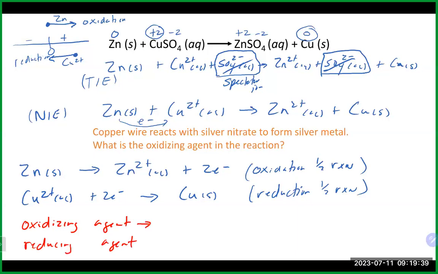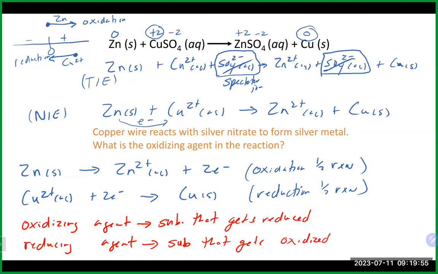The oxidizing agent is the substance that gets reduced, and the reducing agent is the substance that gets oxidized. And that is because they cause the other effect in the other substance.